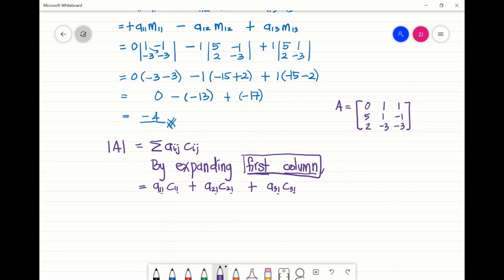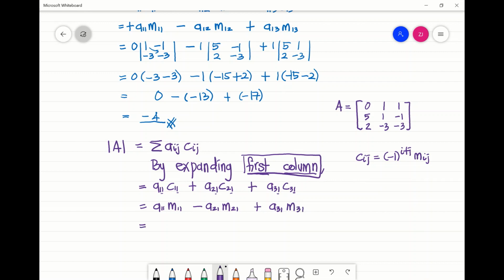We recall Cij is equal to -1 to the power of i plus j Mij. So we will get positive A11 M11 minus A21 M21 plus A31 M31.